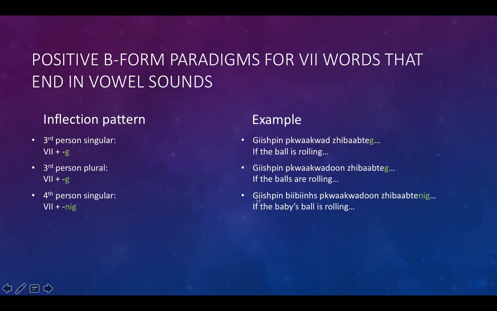So gishpin is our grammar pattern. Gishpin is if. Bibis is baby. Pkwakwadon is his or her ball. And then we have our VII word, jabopte, followed by our fourth person B-form suffix, nig. So you can see how that all fits together.